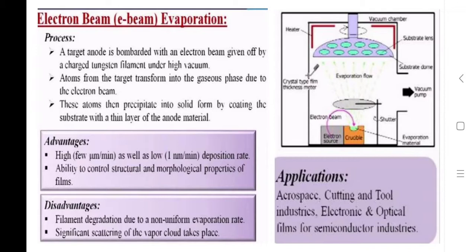And yes, sometimes it can be a homogeneous coating, and maybe a heterogeneous coating is also possible. Then what about the applications? Generally we use this technique for aerospace materials, cutting and tool industry, and electronic and optical films for the semiconductor industry. There I have shown the applications.